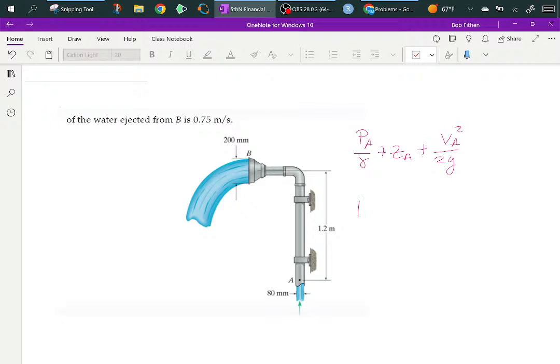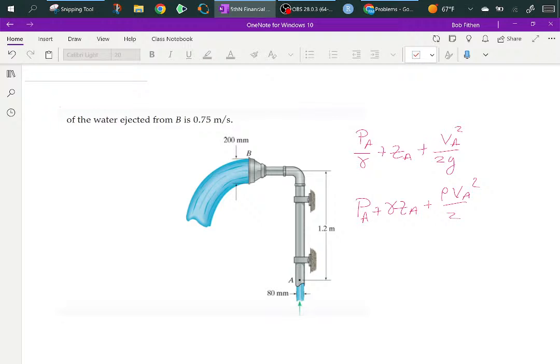So the other thing you can see is PA plus gamma ZA plus rho VA squared over 2. That's one of them. And then there's another way. The third way is something that he has decided to do.